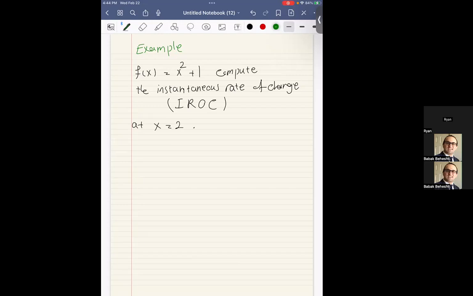So remember the definition. Instantaneous rate of change is equal to the limit of f of 2 plus h minus f of 2 over h when h goes to 0.